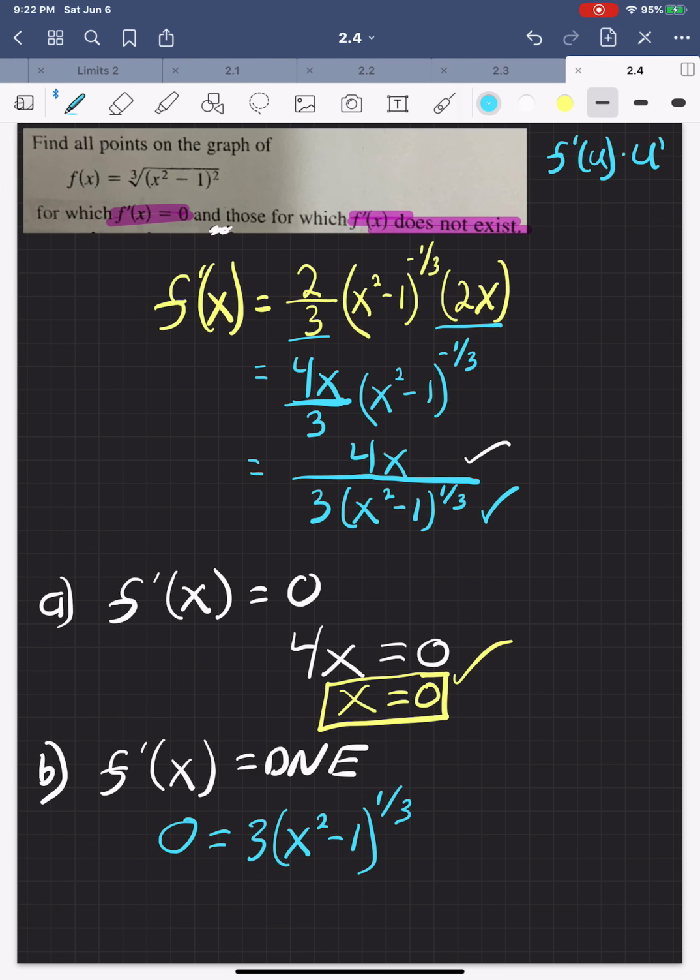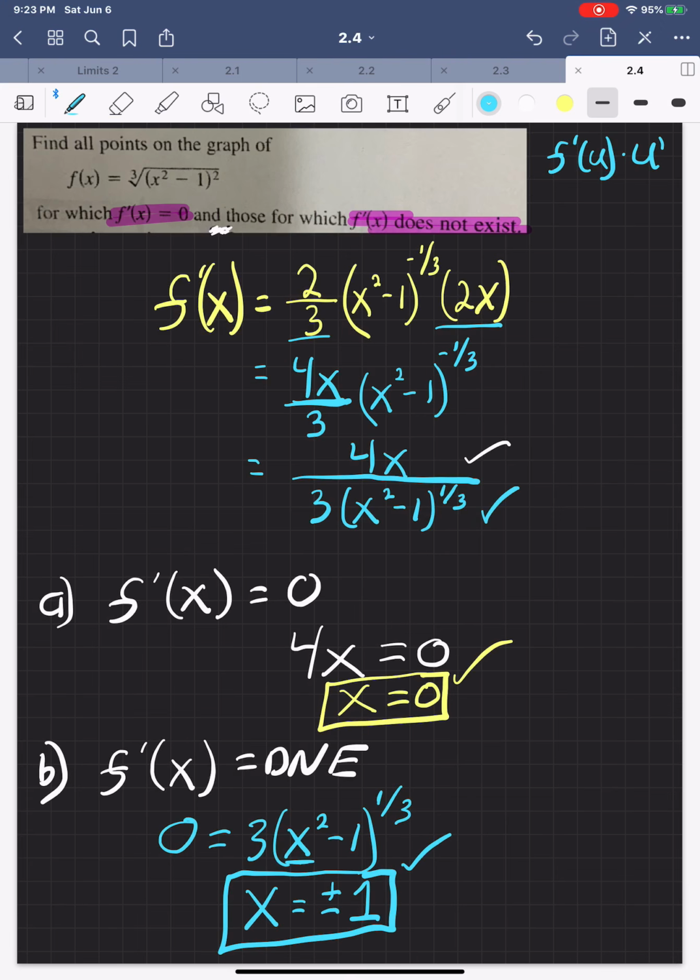You should be able to spot that if you choose x equals 1, you would have 1 minus 1. If you choose x equal to negative 1, you would still end up with 1 minus 1. So if you choose x equal to plus or minus 1, that would cause division by 0 in your derivative, which means your derivative does not exist.